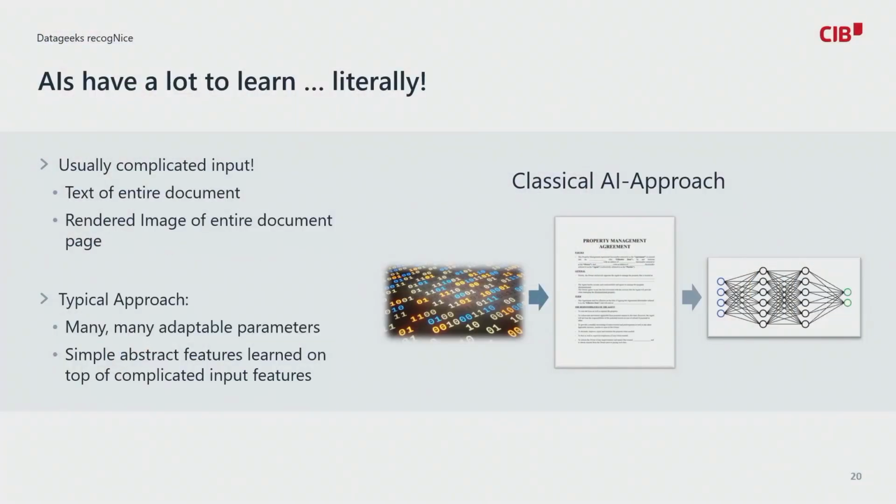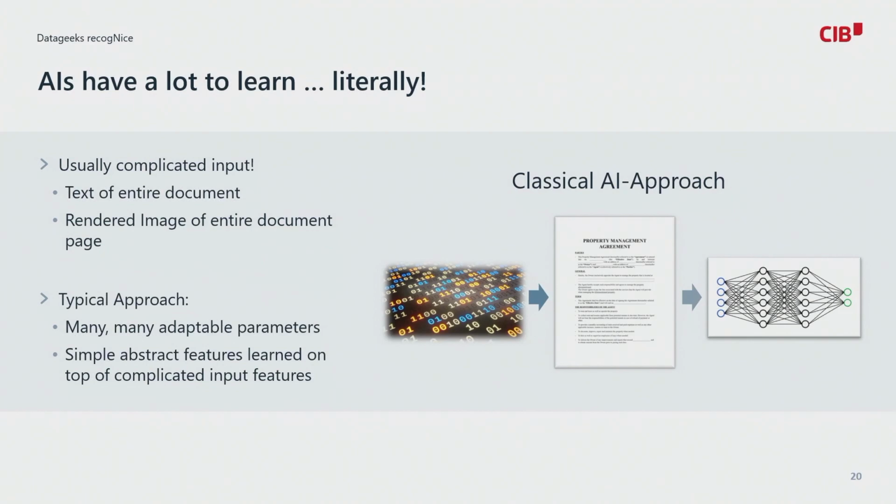So how do you usually train document classifications? So AIs have a lot to learn, and I mean this literally. Usually the approach is a document exists, and it's a very complicated software object, and maybe a very complicated cultural object, actually. And when we do the classification, we tend to use a complicated feature that should describe everything about the document.